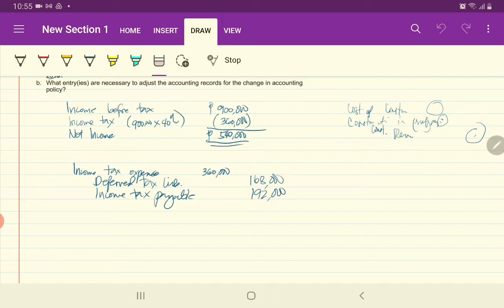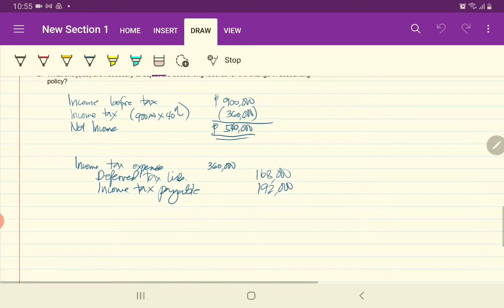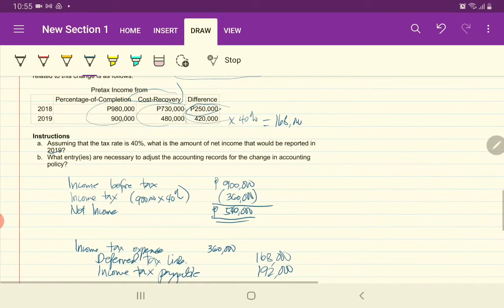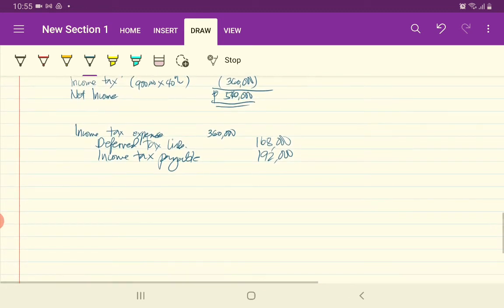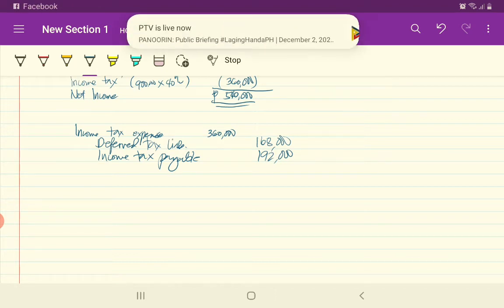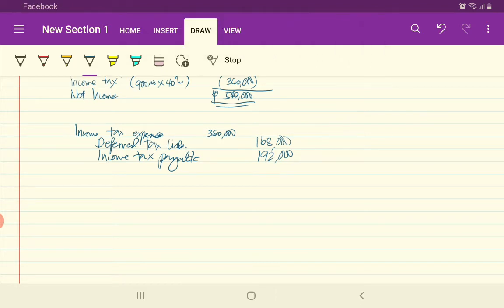So, kung naay difference sa imong cost recovery method o sa imong percentage of completion, nag-change ang accounting policy, imo na siyang i-debit sa construction in progress. Kaya nga mas dako man siya. So, madugang na siya sa imong asset actually. Dako pod ang imong retained earnings because previously it was not credited to construction revenue, di ba? So kay pass naman to siya, dito na to sa retained earnings.